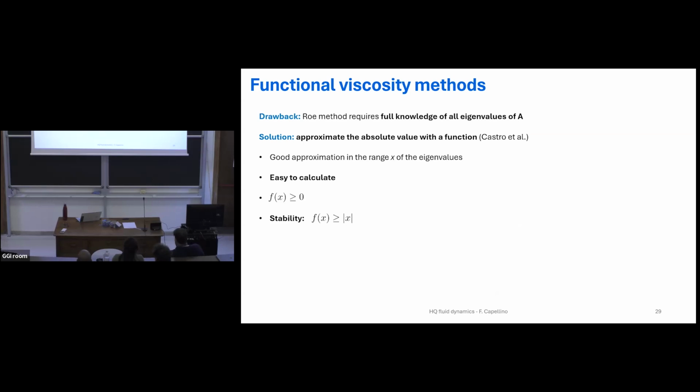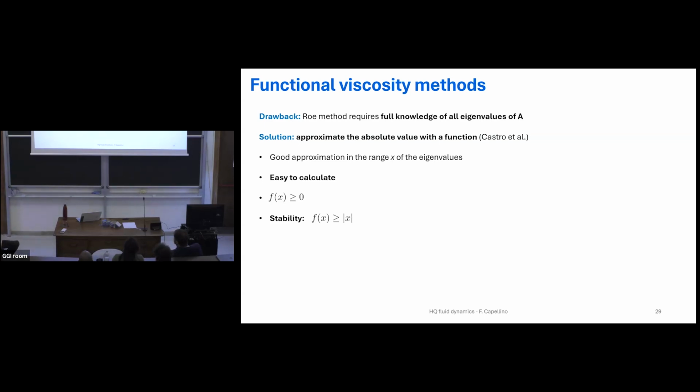matrix with a function. This function should be a good approximation of the absolute value in the range of eigenvalues in which you want to apply it. It should be easy to calculate, because we don't want to trade the diagonalization of a big matrix with a very hard to compute function. It should be larger than 0 to be an absolute value.